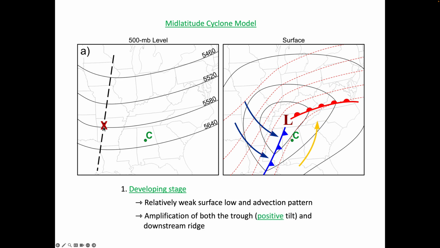Our vortmax in this case is located over northwest Arkansas, and I added a trough axis to it. While you'll see this in your text, the text does not have the trough or the vortmax. I added that myself. Remember that to the east of that the winds are blowing through this wave pattern.